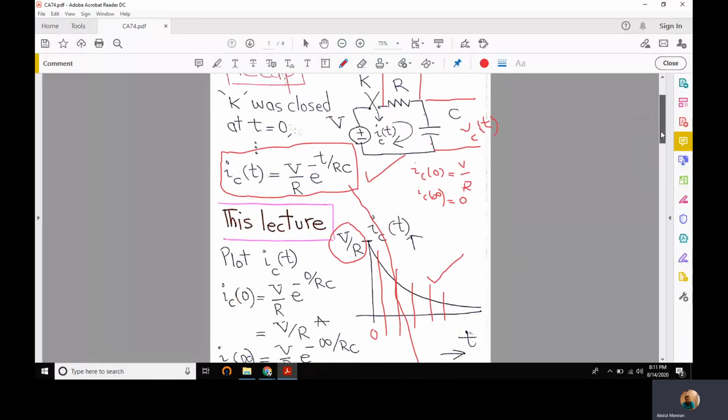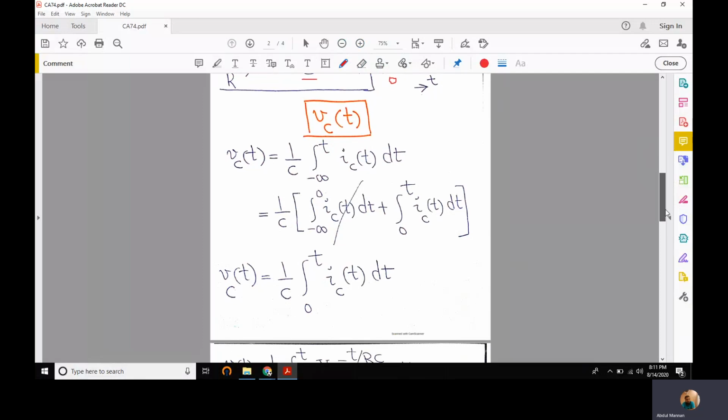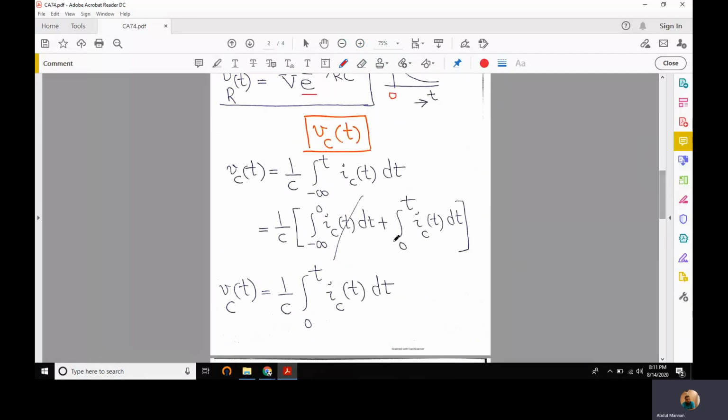There was no initial charge on the capacitor. Therefore this term is 0. So we are left with this term. The range of the integral is from 0 to t.